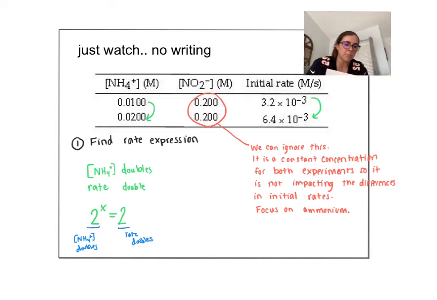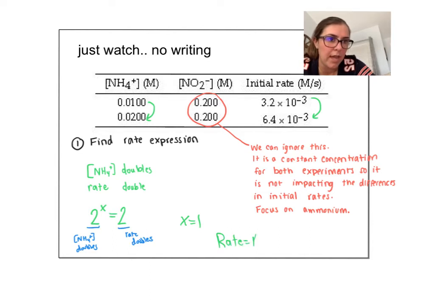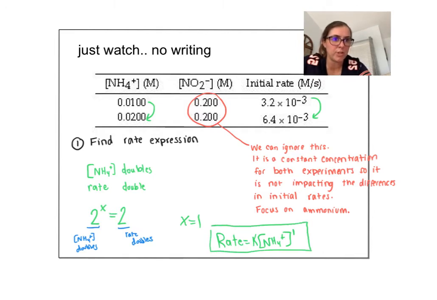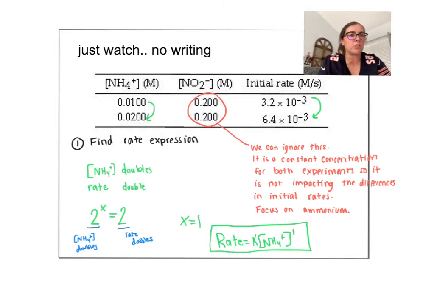So we have an exponent. 2 to the what equals 2? Well, I know 2 to the first is what will equal 2. So that exponent, x, is 1. So now I can write my rate expression. Rate is equal to K times NH4+ to the exponent 1. There's my rate expression that's otherwise known as the differential rate law.